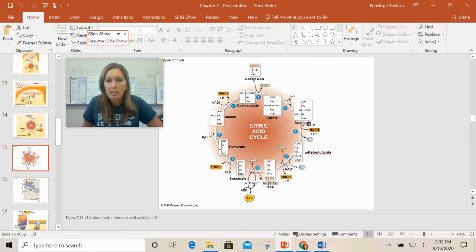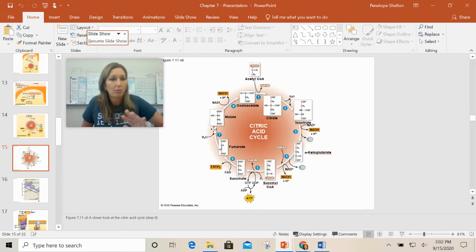Also in this process, through substrate level phosphorylation, I'm generating ATP. Now, as I am going back towards my starting molecule, I can also generate some electrons and protons in the form of FADH2. So FAD is another electron shuttle that is able, just in the citric acid cycle, to pick up a few more electrons and protons.